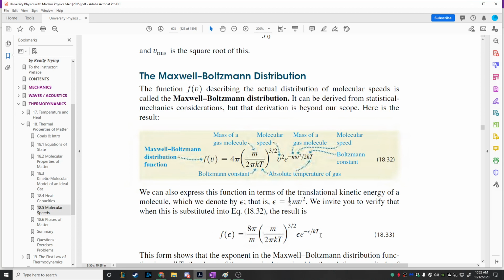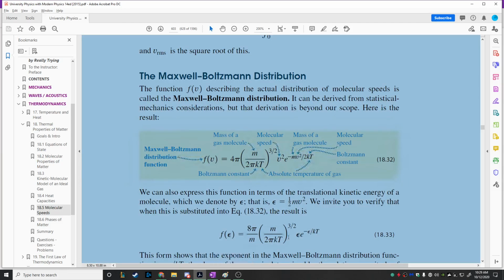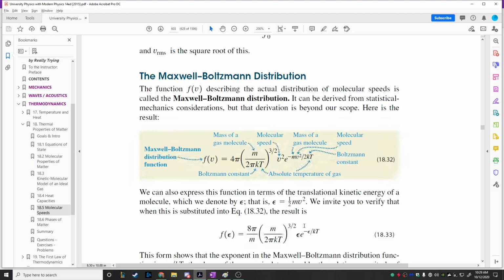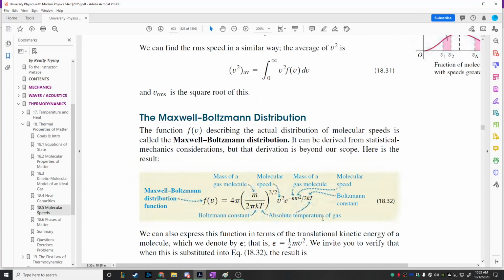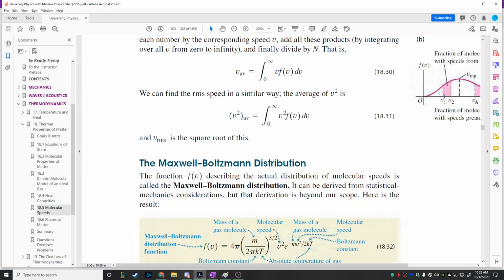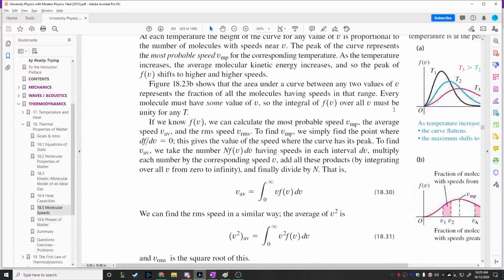And then it gets written like this, which is a little bit easier to read, because then the distribution is a function of the energy. But what is this curve going to look like? When you plot it as the velocity, the function versus the temperature, well, it's going to look like these curves up here, basically.